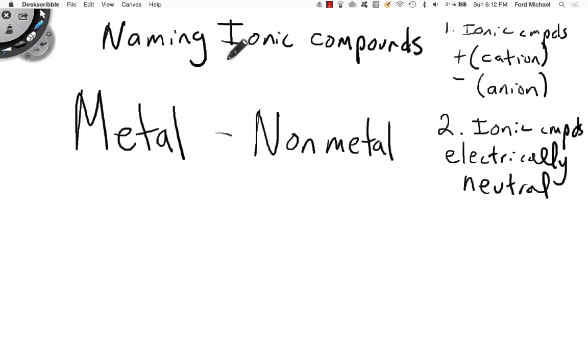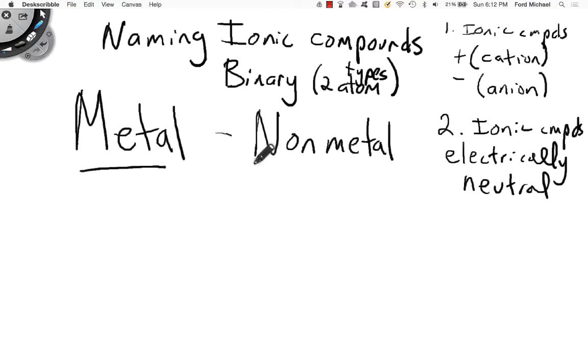Okay, so we're going to start out with what are called binary compounds, that is, just two types of atoms. Not necessarily two atoms, but two types of atoms. The metal piece of this is fairly easy to name. It's going to be the name of the metal.